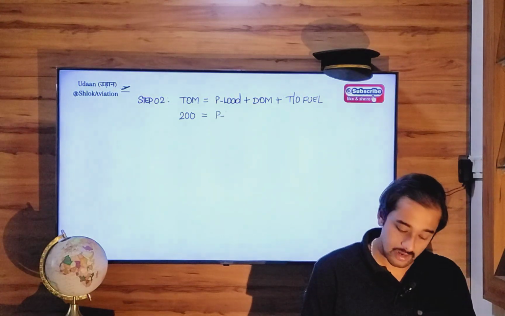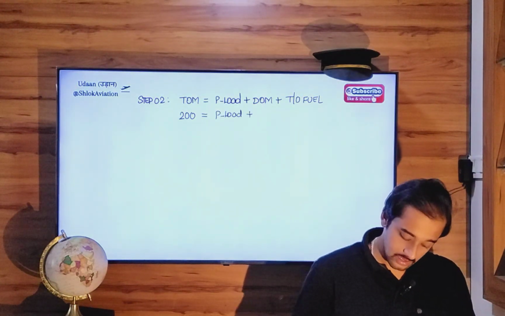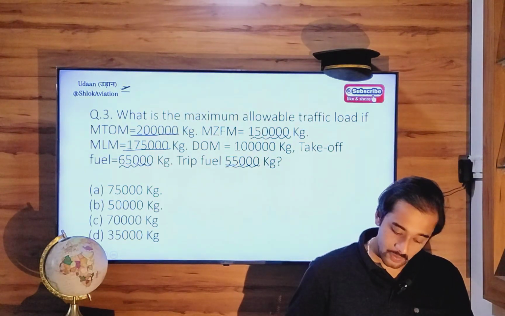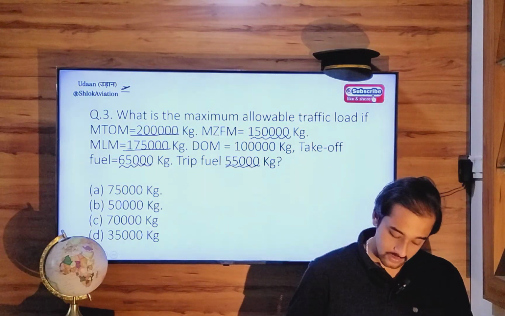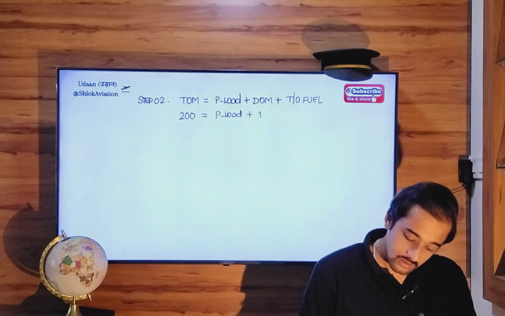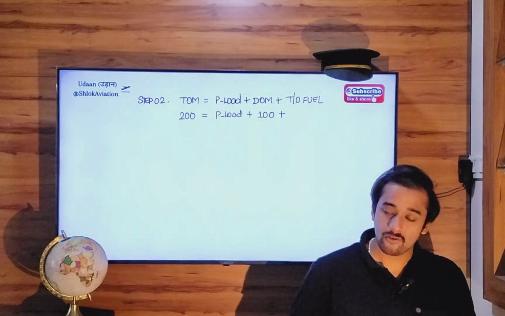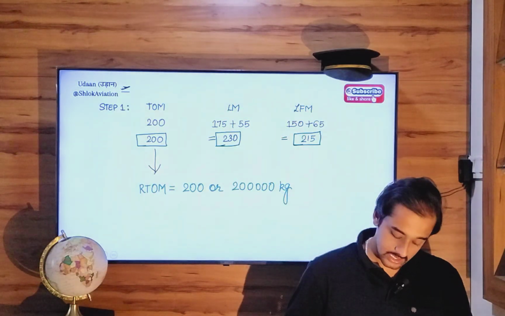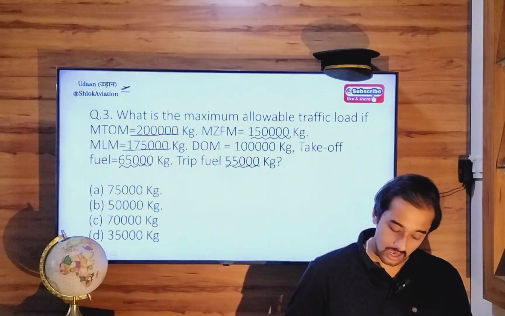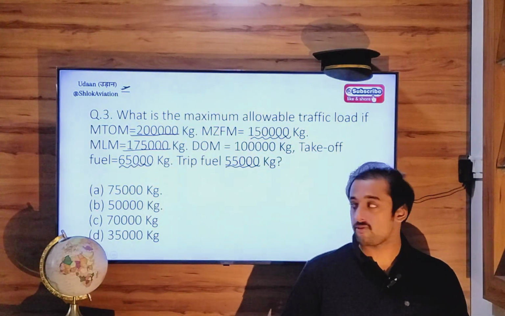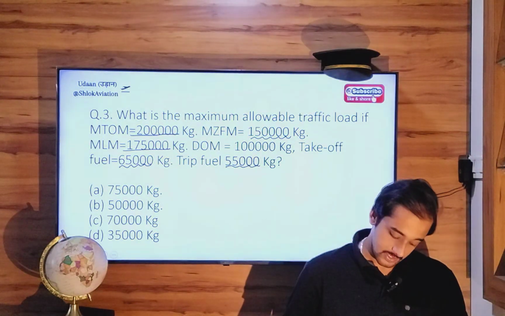Payload we have to calculate. Dry operating mass is 100 and takeoff fuel, or fuel on board, is 65,000, or 65.